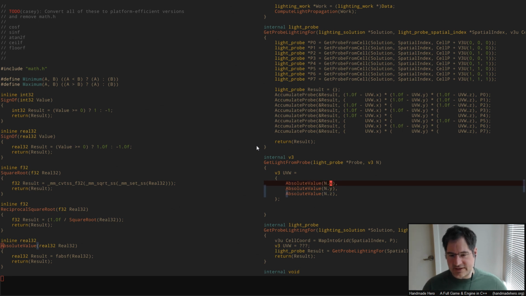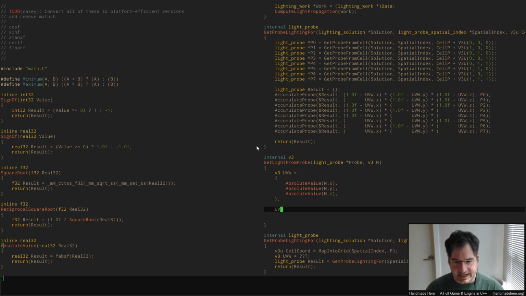So let's first take the absolute value of each of these parameters. And we'll talk a little bit about what we need to do with the sign later, because we will actually use that sign. We just don't need it for blending. So we'd want to produce the absolute value here. And then what we'd want to do is make sure that our UVW is divided by some kind of inverse norm here.